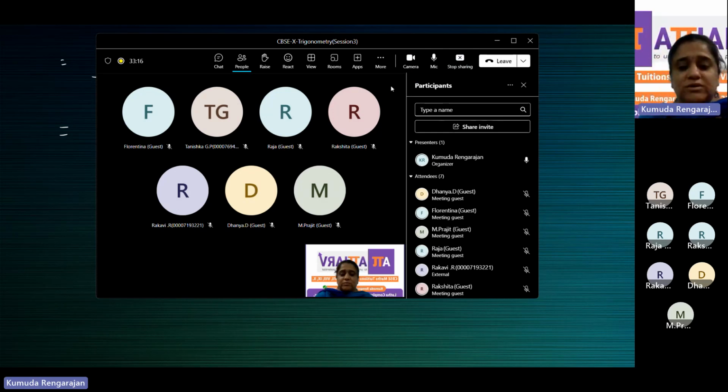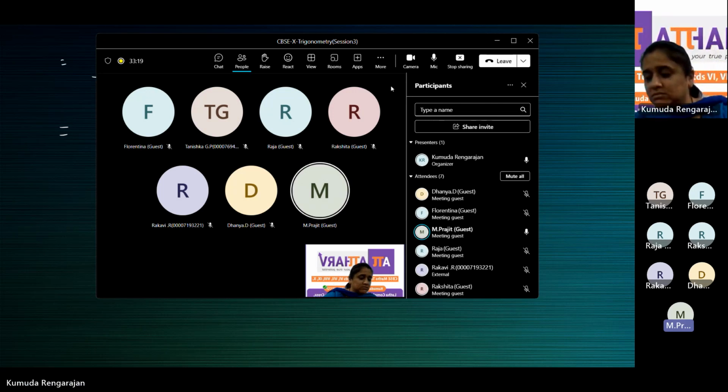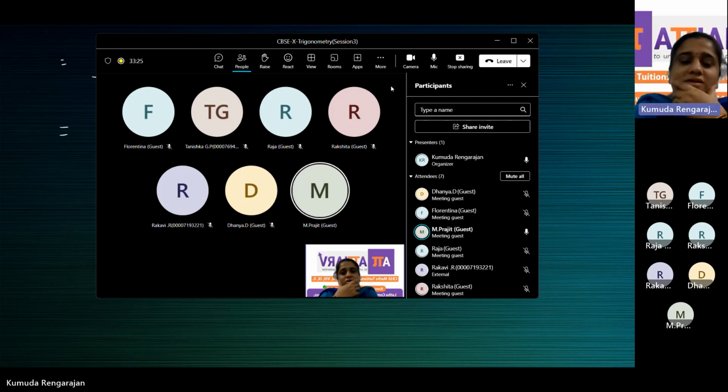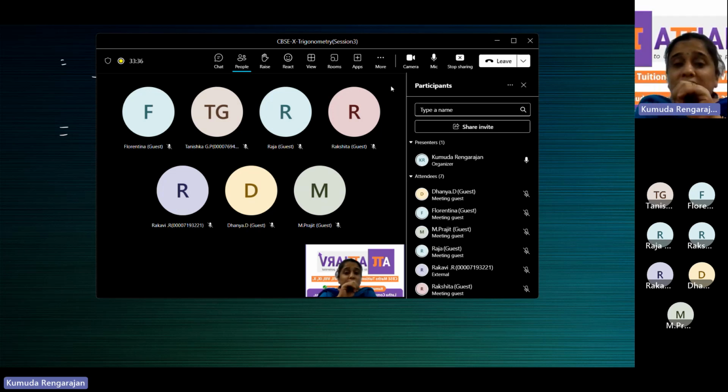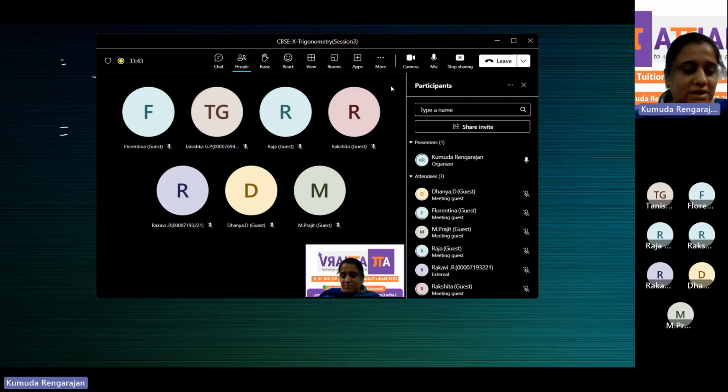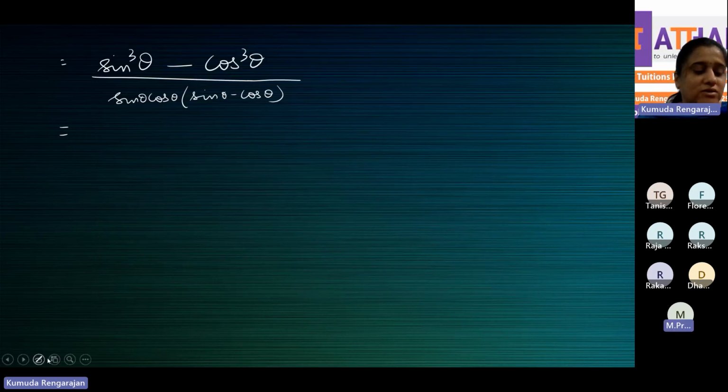A cube minus b cube is equal to a minus b into a square plus ab plus b square. Very good.